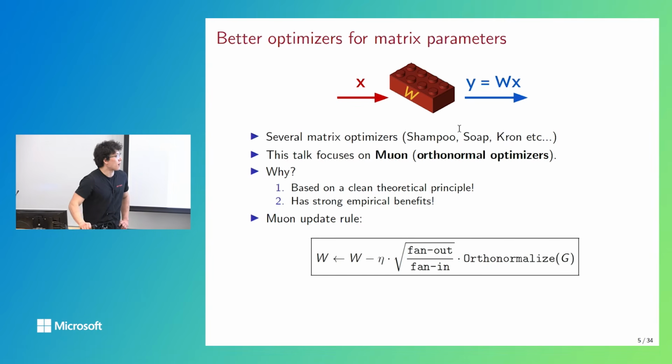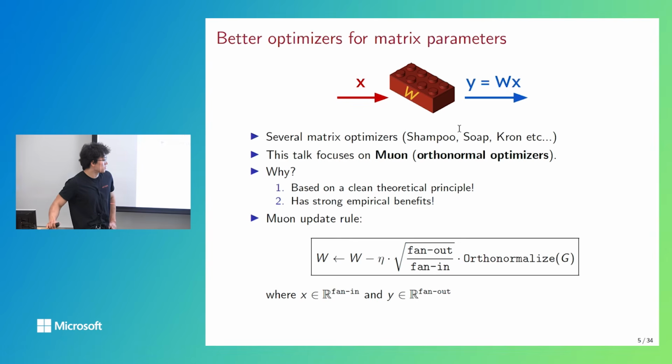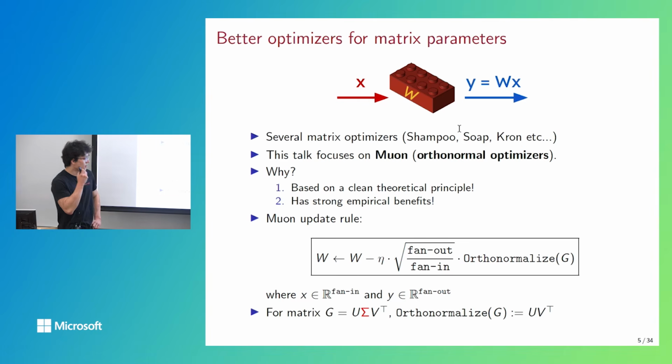So given a parameter W, matrix parameter W, it gets updated with this learning rate eta, with this scaling factor, which is determined by the input-output vector dimensions, times the most important part, orthonormalize G, where G is the gradient matrix.